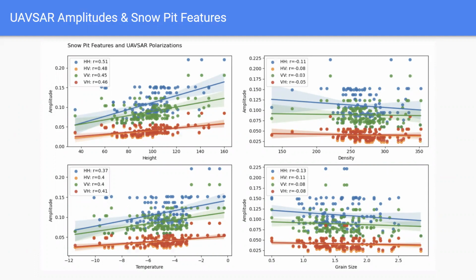We saw that there was not necessarily a linear relationship, but there was some correlation in the difference of the polarizations. The biggest correlation was in height and temperature. The four features we looked at were height, density, temperature, and grain size.